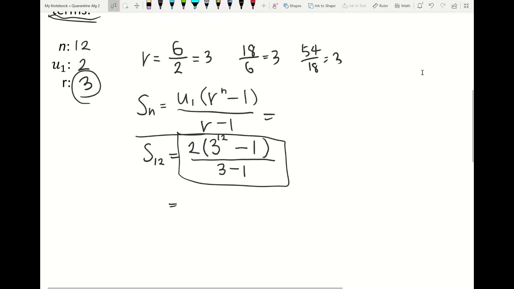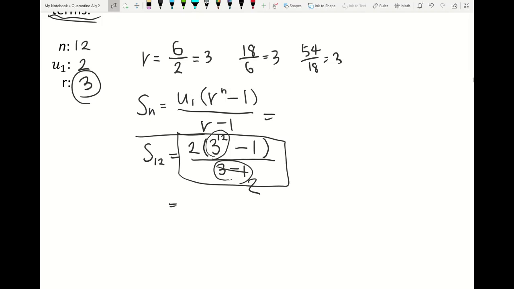So let's take out your calculator. Now, the denominator, that's going to be 2. And the numerator, let's figure out. We can just do this all in one shot. Now, if you want to break it down, you want to do 3 to the 12th power and then enter.